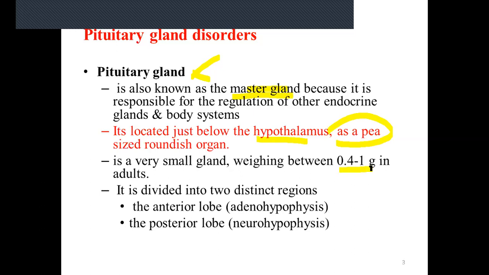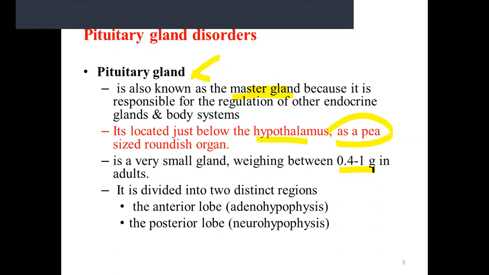The weight of the gland is about 0.4 to 1 gram in adults. So you can imagine how small this gland is, but it is a master gland because of its function. It works more like an administrator in the body system.